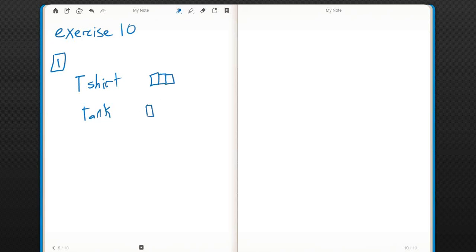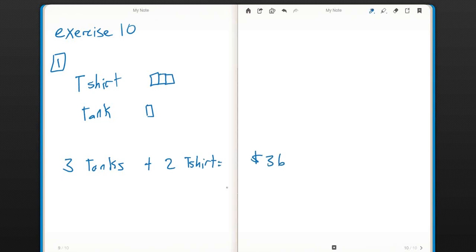A tank costs 1 bucket of money, and a t-shirt costs 3 buckets of money. Now, what I know is that for 3 tank tops and 2 t-shirts, he paid $36. So if I buy 3 tanks and I buy 2 t-shirts, I'm going to have to pay $36.